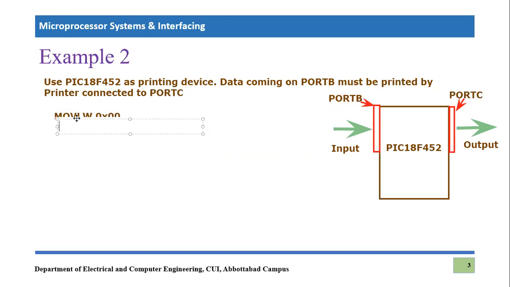Next, we will write MOVWF, move working register to file, and this value will be sent to TRIS C. That means it will make port C an output. So what we are doing is making port C an output, right?